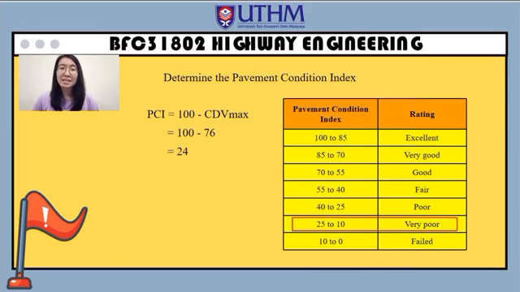With the maximum CDV, we can determine the pavement condition index by subtracting the maximum CDV from 100, and we will get 24. Based on the rating for PCI within this 100 meter pavement, we already got 24.